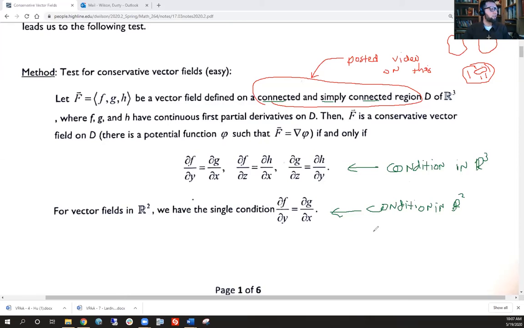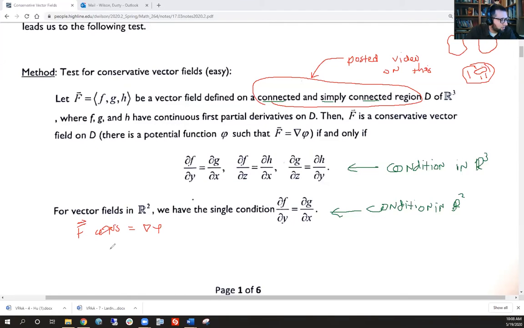Okay, so going back to these conditions, the nice part about these tests is they're really easy to run. You just test some partials. Again, if you want to know why these conditions are the way they are, it's easiest to think about where they would come from. So imagine that F is conservative. So this would be saying that it's equal to some gradient of phi.